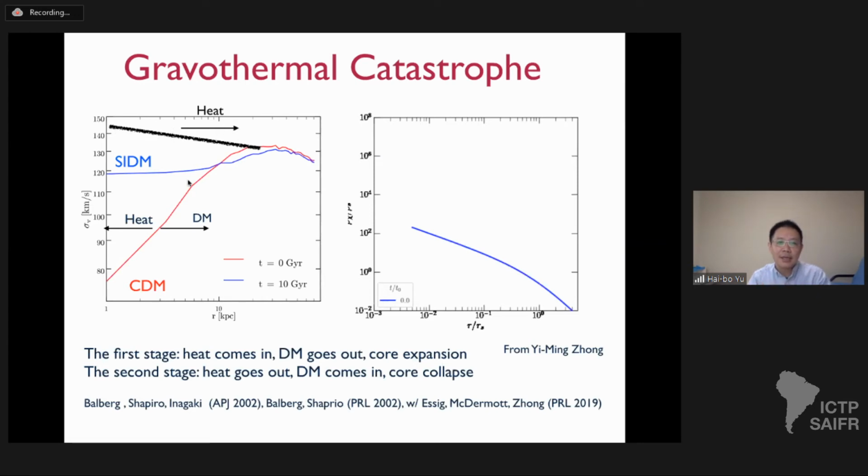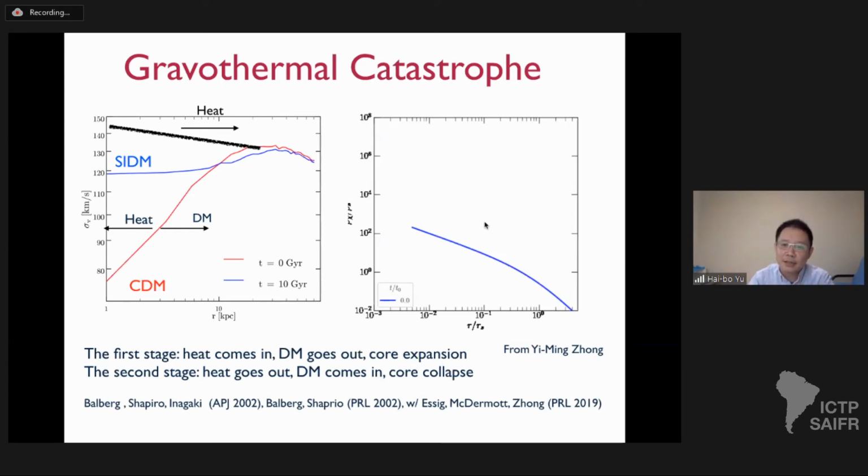Then the inner region will collapse further. The reason this happens is that a halo has negative heat capacity. It's a gravothermal system. If you extract more heat from the inner region, the gravitational collapse occurs further and the system becomes hotter.